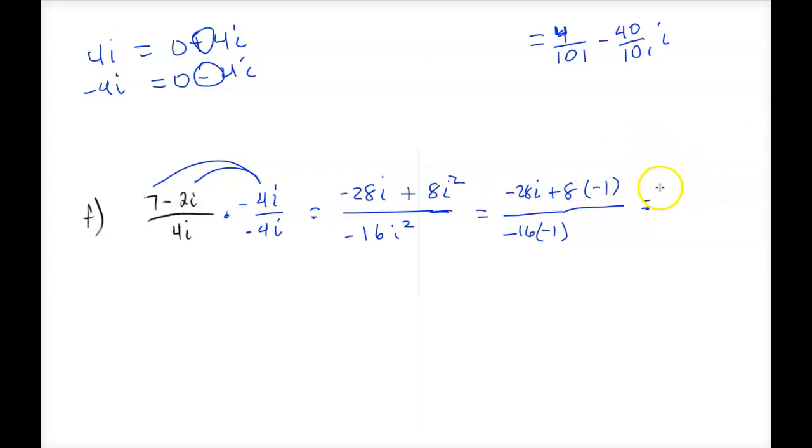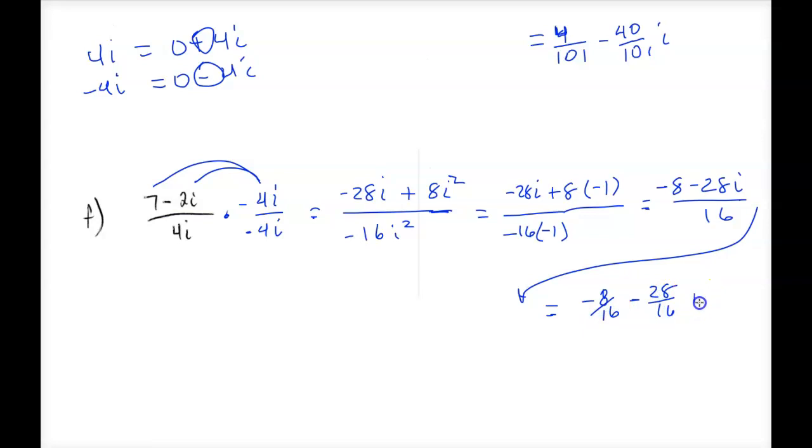So we end up having negative 8 minus 28i all over a positive 16. And that ends up giving you negative 8 over 16 minus 28 over 16i.